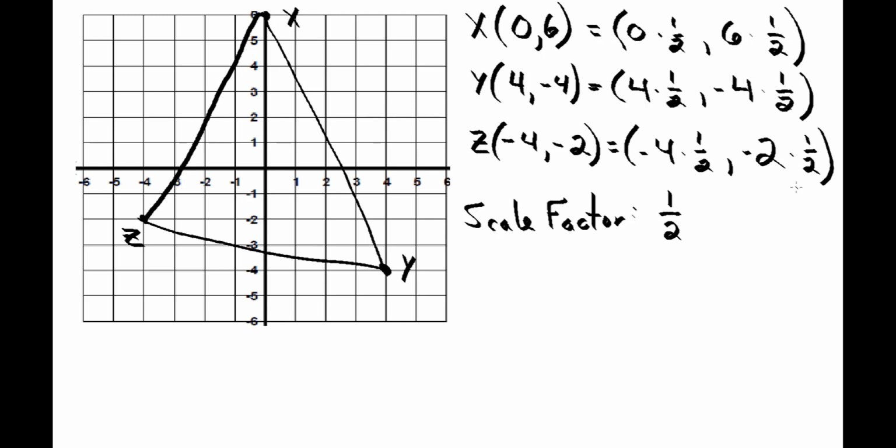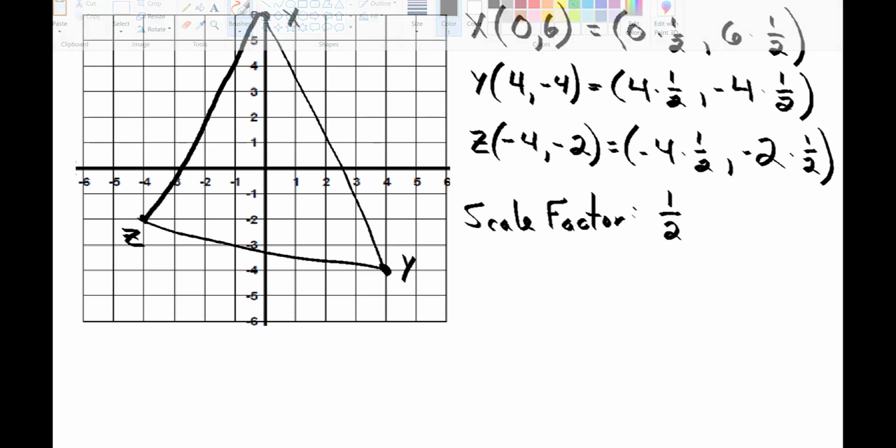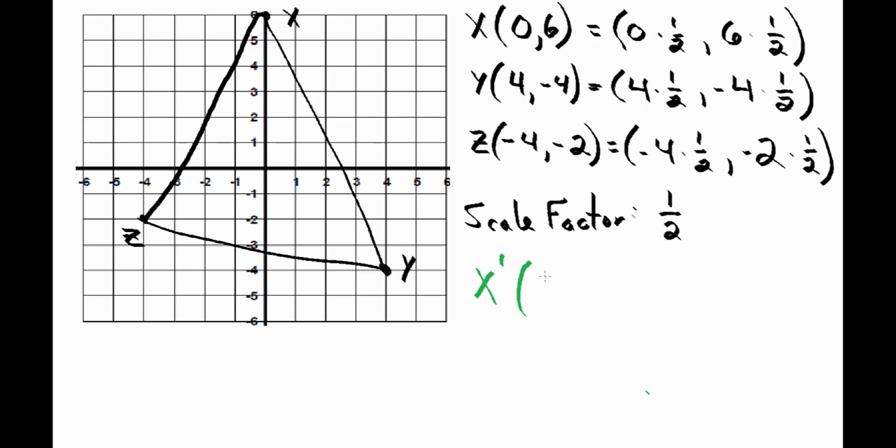So our new shape, let's go ahead and give it a different color. Let's go with green. So for X prime, it would be (0, 3). So (0, 3), this is going to be X prime.